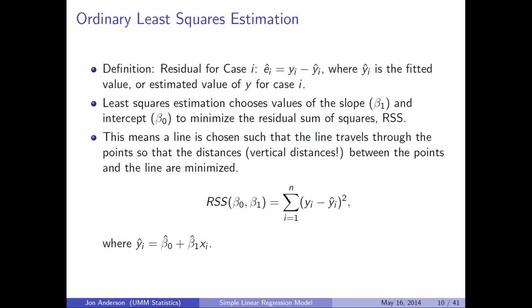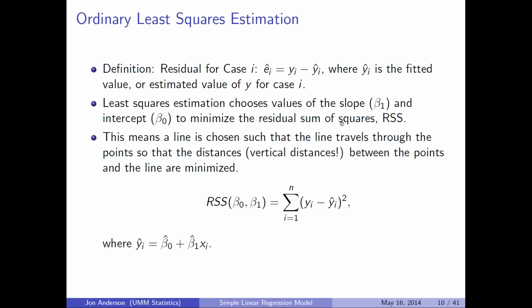Hopefully you've seen or heard of residuals before in a previous class, but I'll remind you that it's just the distance between an actual observed value, a y value of a point on the scatter plot, and an estimated value on a straight line, and that is represented statistically, notationally by yi hat. And so yi hat means an estimated value for a particular observation y.